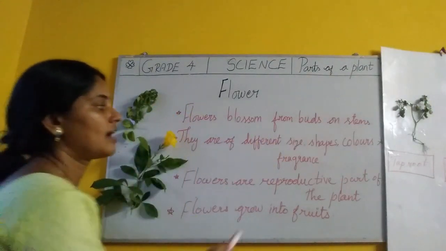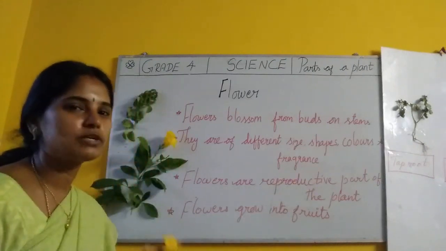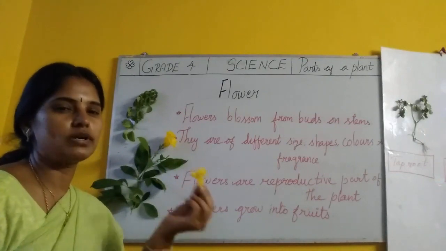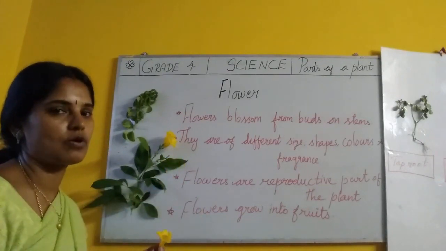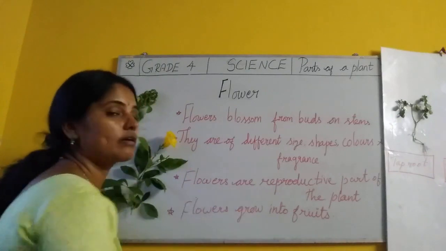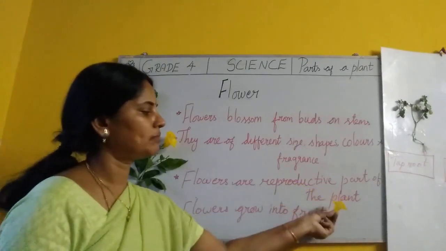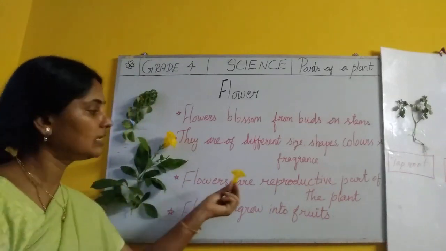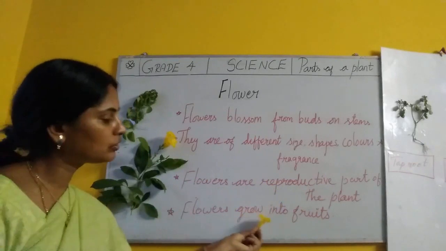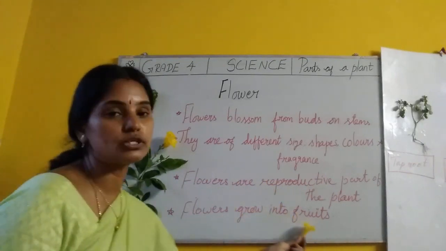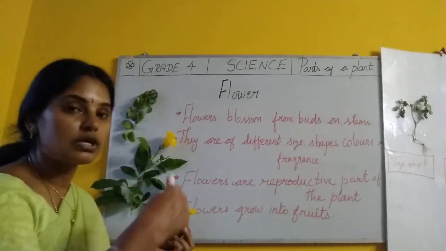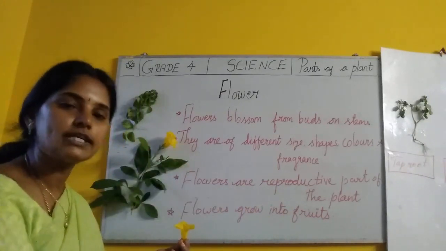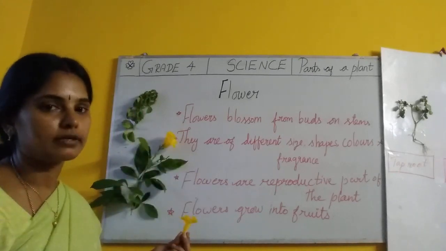And fragrance. Fragrance means what? Smell, odor, nice smell. Flowers are the reproductive part of the plant. Flowers only turn into fruits. Flowers grow into fruits. Inside the fruit, seeds are present. If we sow the seeds, new plants come again. Isn't it?